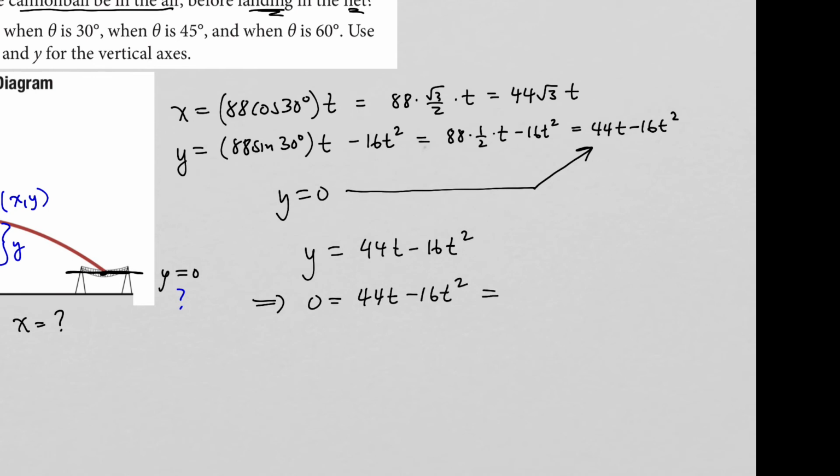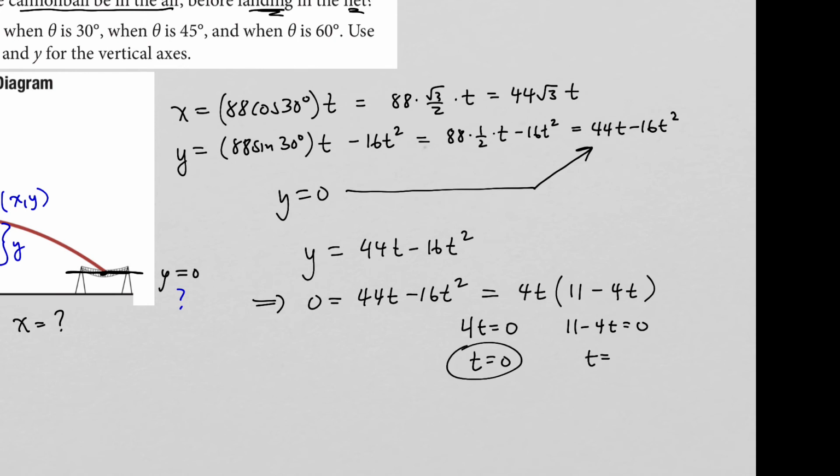And we could solve this by factoring. We can pull out a 4t. And if we do that, we get 4t times (11 minus 4t). Verify that. And then we can set each one of those factors equal to 0. Solving the first equation, we get t equals 0.